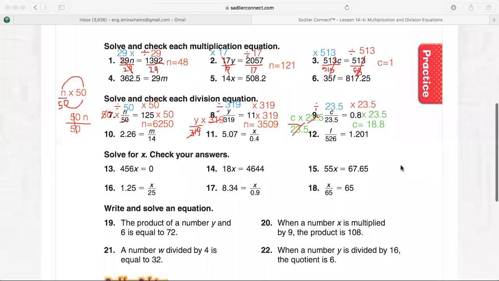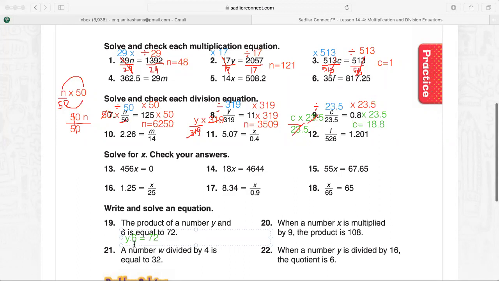When I listen to the word product, what comes to my mind? Of course, when I multiply two numbers, I get a product. So what are the two numbers that I'm going to multiply? The product of a number y and 6.